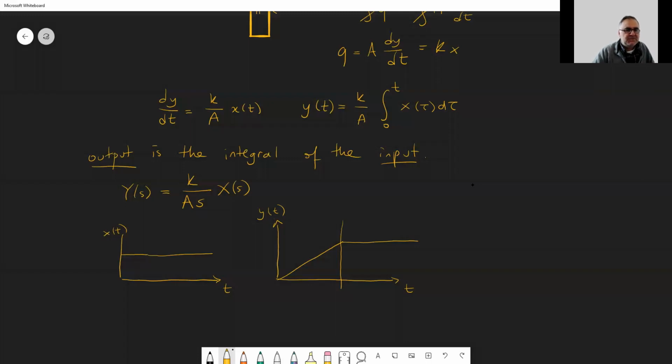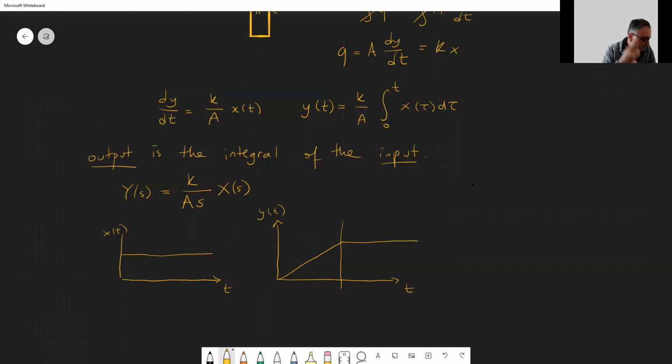But then when the physical limit is reached, the equation will not be valid anymore. Still, if you apply a sine wave, for example, the output will be a cosine wave, etc. All these things are possible. Of course, you have to obey the physical limits of x and y.